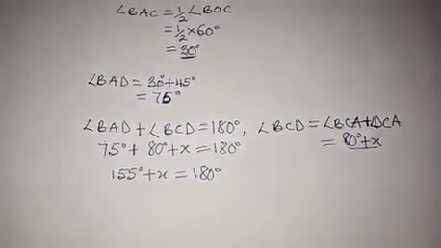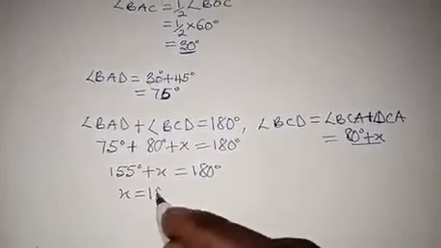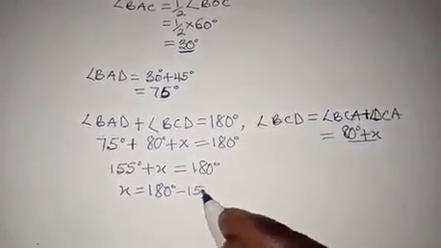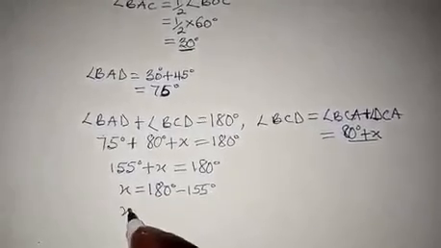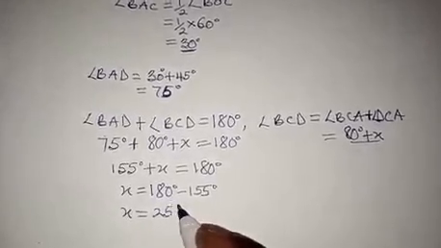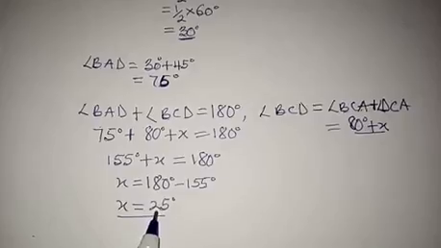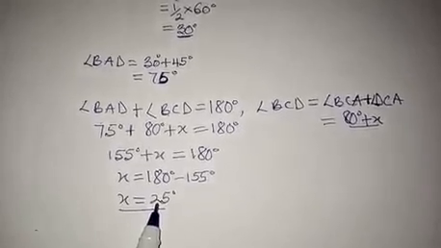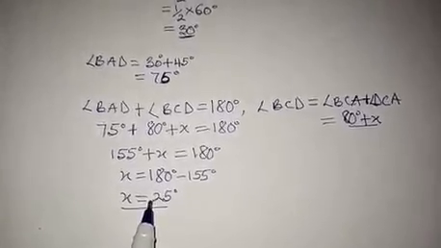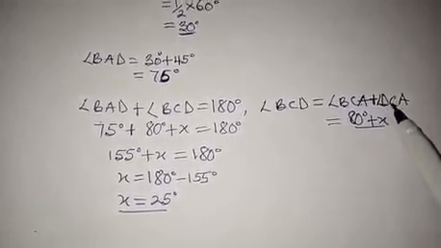Then we can group like terms. So we have X is equal to 180 degrees minus 155 degrees, which will give me 25 degrees. So the X is 25 degrees. But the X, which is 25 degrees, is for which angle? Angle DCA.